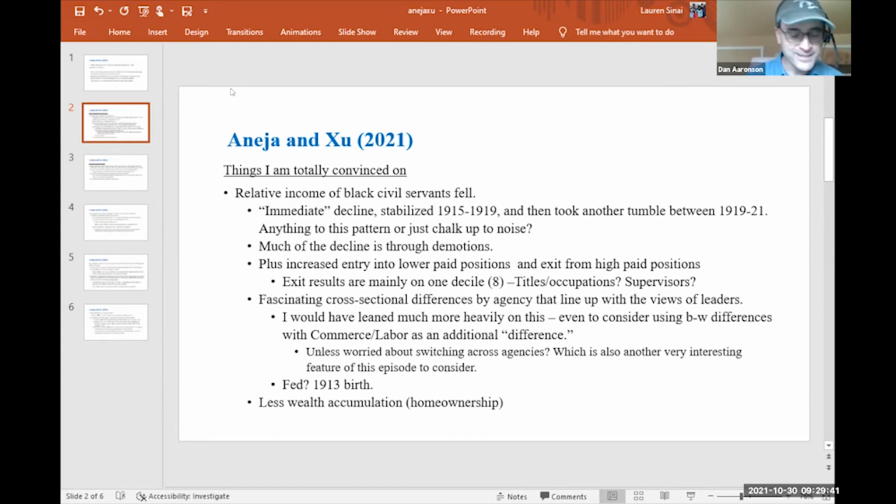So basically what happened was a bunch of agencies wind up demoting and causing big damage to Black civil servants. But then there are a couple that actually go the opposite direction, in particular, Labor and Commerce. So there's an interesting question of are people actually switching across agencies to take advantage of the differences in the cabinet leaders' positions on segregation? I think that's something you could actually do pretty easily given your data.